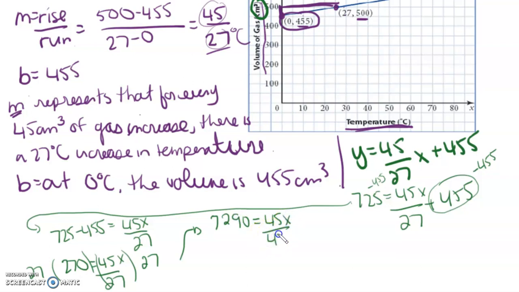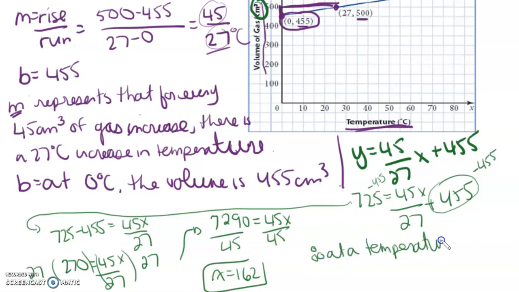Now we can divide both sides by 45, and we get x equals 162. Okay, so therefore, at a temperature of 162 degrees Celsius, the volume is 725 centimeters cubed.